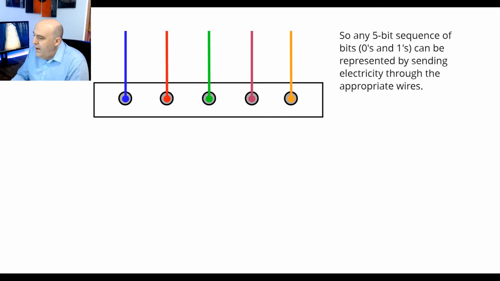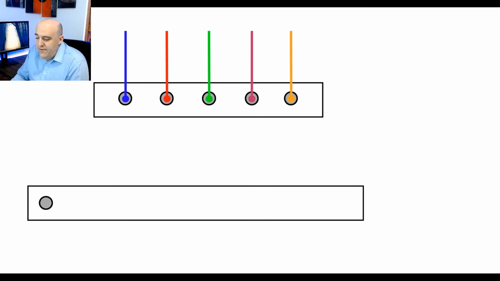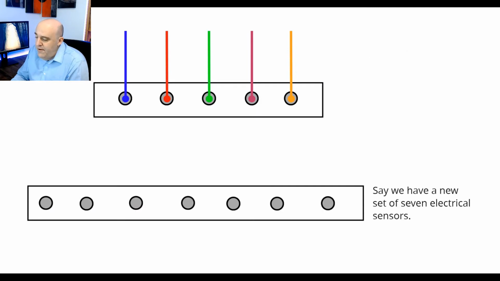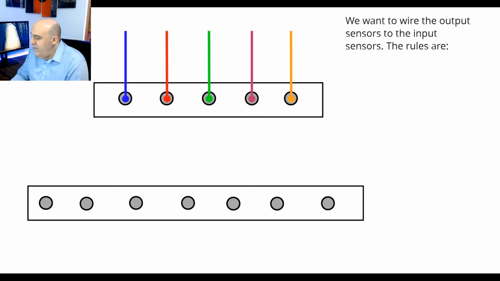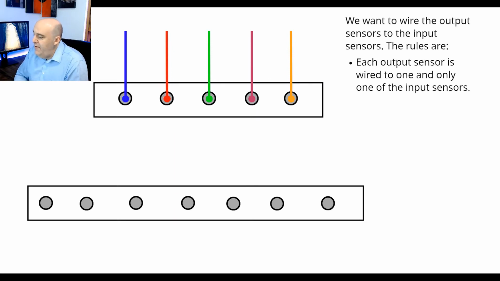And now let's say we have another set of sensors. Let's say we have 7 of them here. And we want to wire the input sensors to these output sensors. And the main rule is that every output sensor needs a wire connected to it. We can't leave any of these output sensors without a wire connected to it.